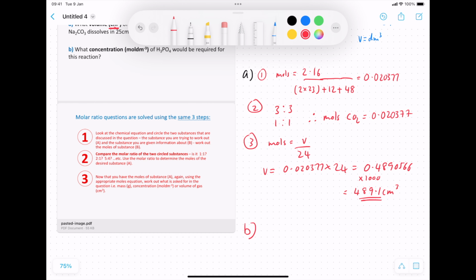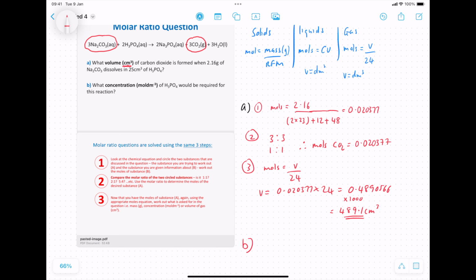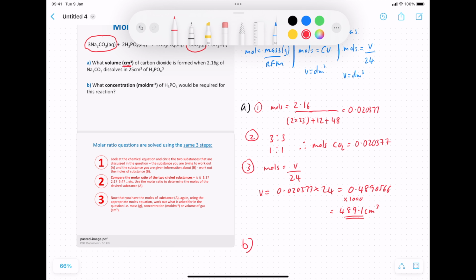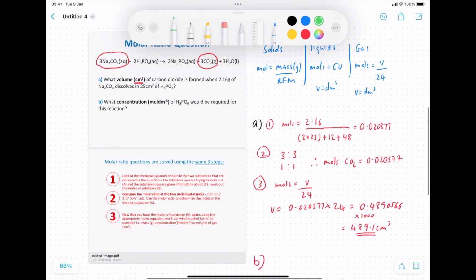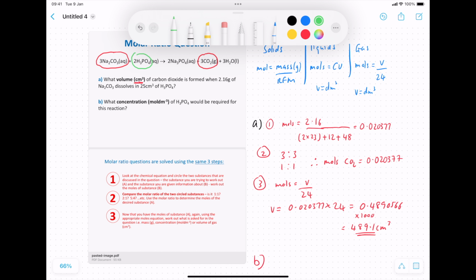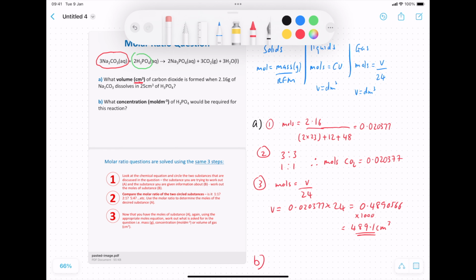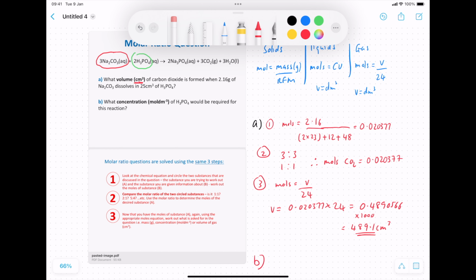So for B, it wants us to find the concentration of phosphoric acid. So if I circle this in a different color now, use green, and I'm going to get rid of the circle for carbon dioxide because that has already been accounted for and we've worked it out.